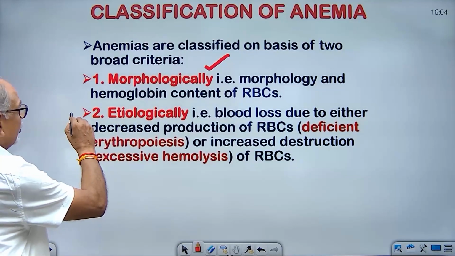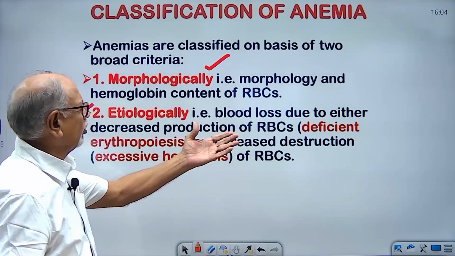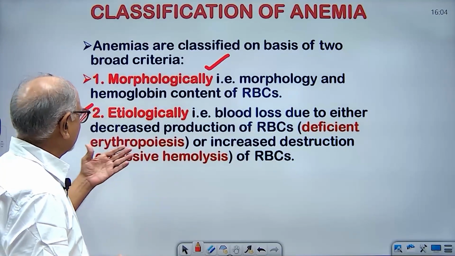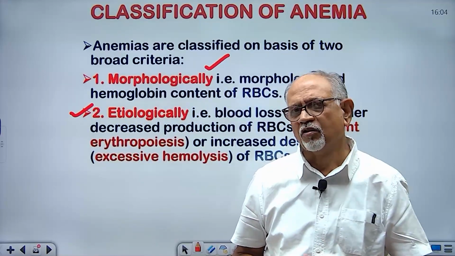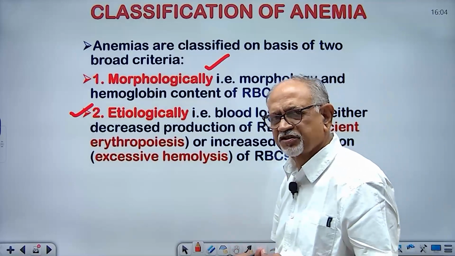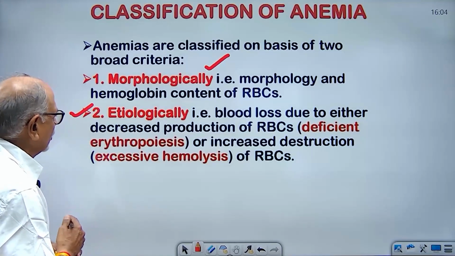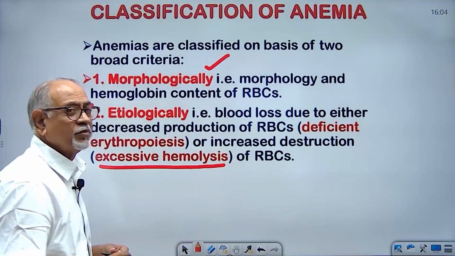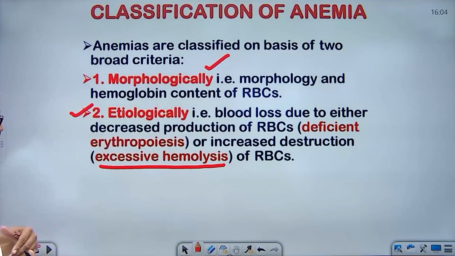Or the second one is etiological, that is, if there is a blood loss, or decreased production of RBC or deficient erythropoiesis, blood cells are not properly formed in the bone marrow, or there is an increased destruction of RBC due to excessive hemolysis of RBC, then the anemia is observed.